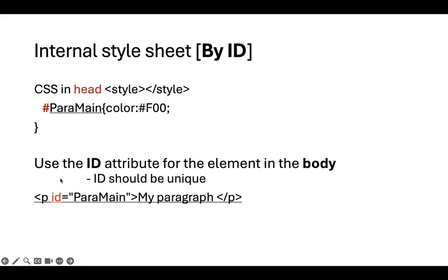And the next thing is, once we are giving styles for this paragraph, you need to give the style within the style tag that is in the head section. You need to give this hash sign and the ID name. Then within curly braces, you can give the declarations, right?